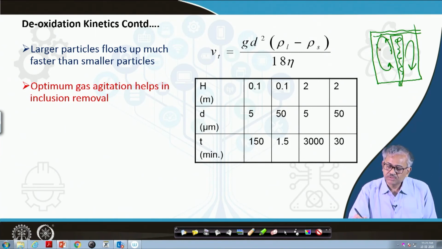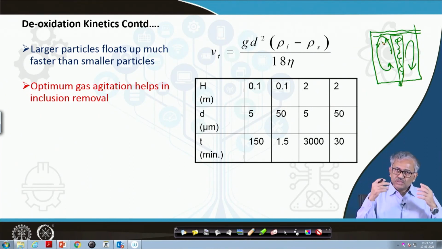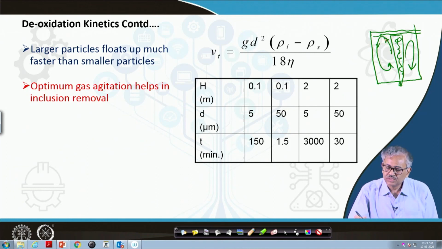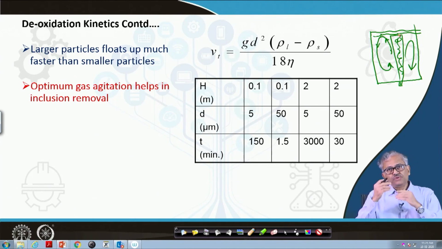Now this velocity, at which it is coming, is very important. If the velocity is very high, the inclusion may not be released into the slag, because the inclusion has so much inertia that it will not be absorbed by the slag. If you have a somewhat lesser velocity of the liquid, then the impurity can be released into the slag.